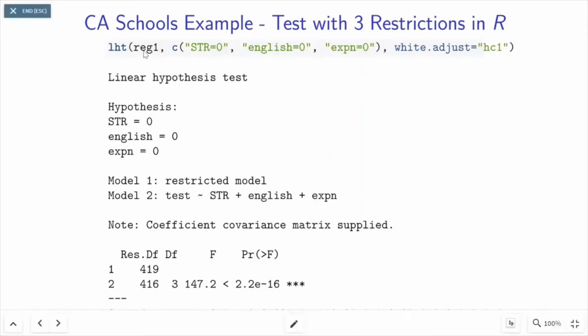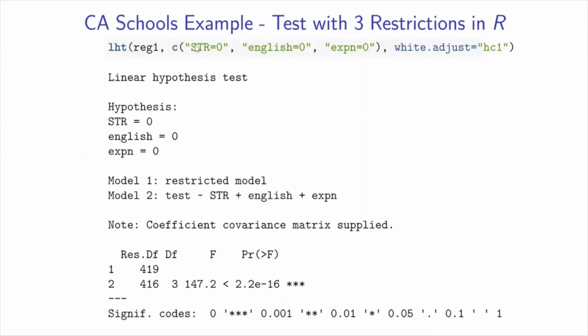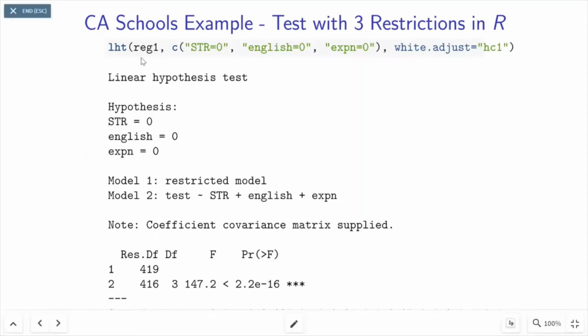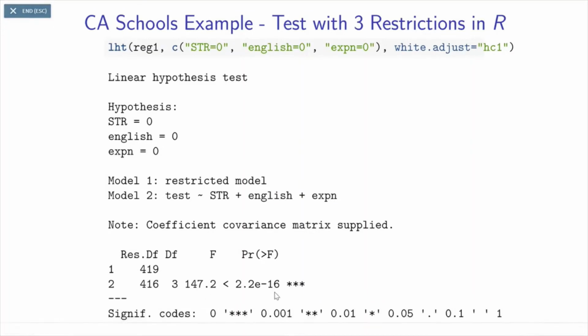The line of code for running this overall F-test is here. In the LHT function, you will restrict all three coefficients to 0. The result of this F-test shows that the F-statistic is very large, around 147. The corresponding p-value is super small and statistically significant at the 0.1% level.